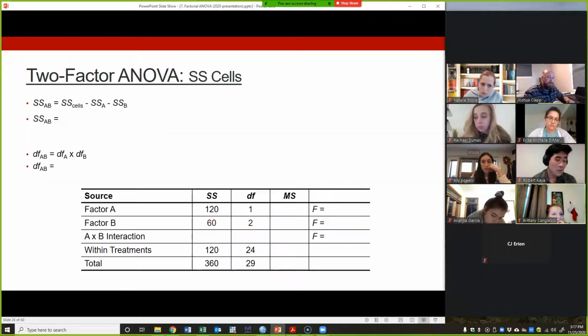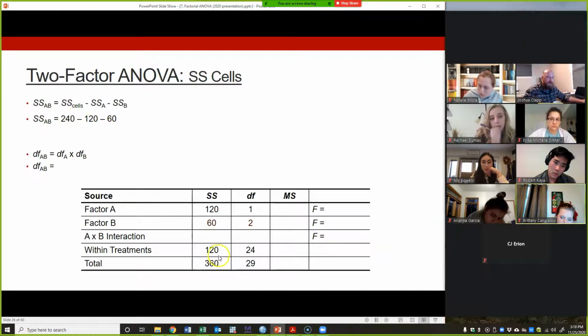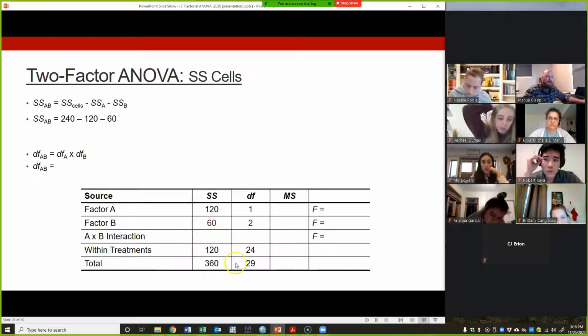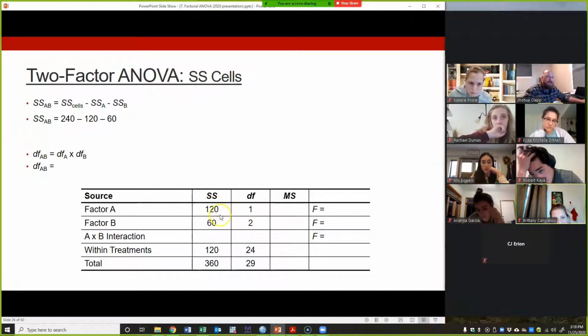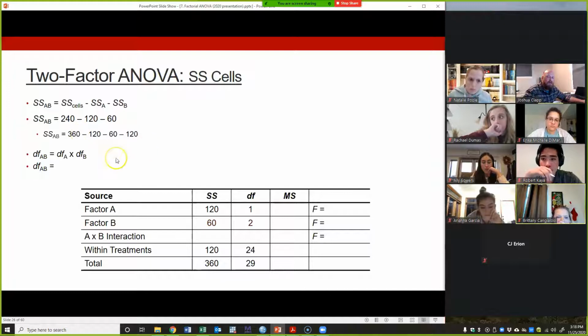Okay, so our degrees of freedom are going to be the product of degrees of freedom A and degrees of freedom B. So here we've got 240, which was our sum of squares cells that we calculated off screen, minus 120 for my within, minus 60 for factor A, or excuse me, we take 360 minus 120 minus 60 for factor A, minus factor B, and what we're left with is going down here.